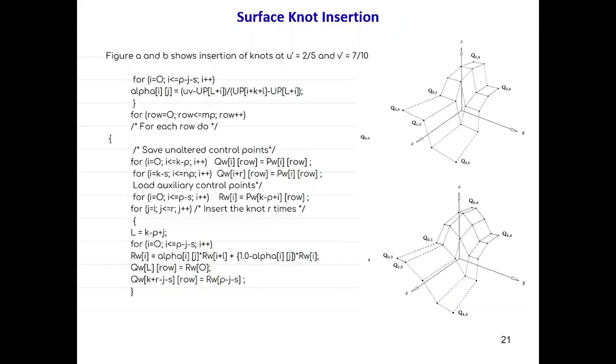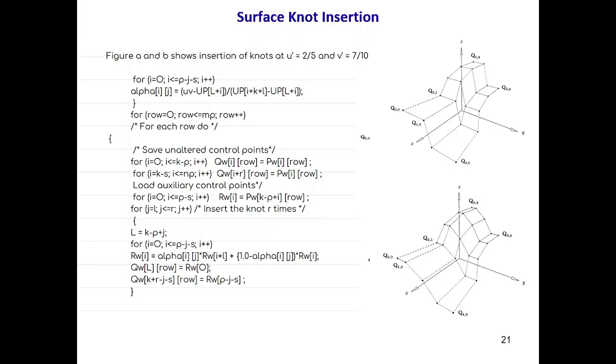In figures A and B, we show that we are inserting the knots at u' at 2/5 and v at 7/10. We take an array and apply the attributes with UV minus and UP, and we do it for each row.